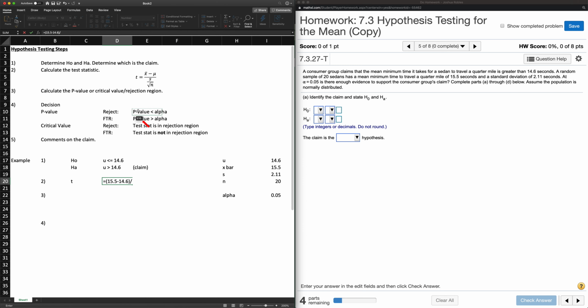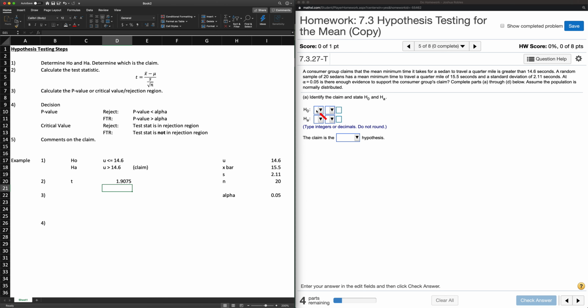And then we need to divide by the sample standard deviation divided by the square root of the sample size. The sample standard deviation is 2.11. And the sample size is 20. So this will calculate our test statistic. So our test statistic is 1.9. This is right on that border of commonly around 2, so this may or may not end up rejecting.